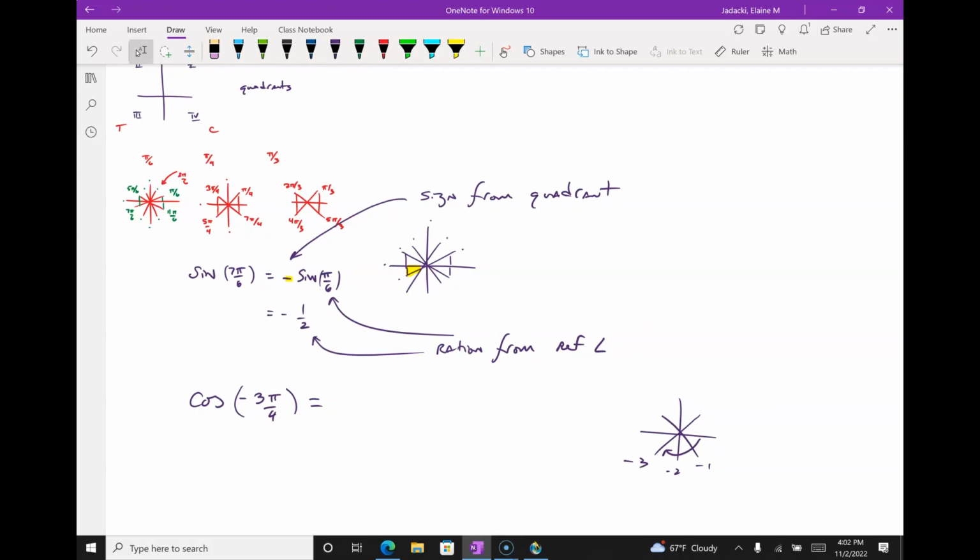Is that a positive there or negative? Only tangent is positive in that quadrant. Negative, right? And so, again, this is my angle. It's got to be the bow tie angle, right? So this is a negative, because cosine is negative there, but the reference angle is just pi over 4. And I know from my chart, I've got it memorized, that that's rad 2 over 2. So the answer is negative rad 2 over 2.